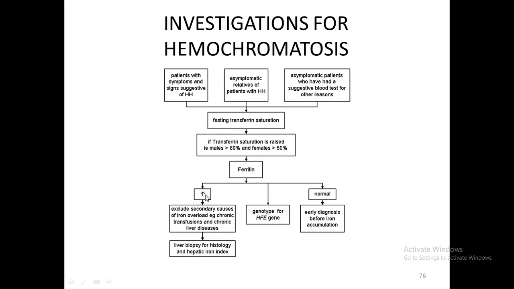If the ferritin stores are already high, then we need to exclude secondary causes of iron overload, for example chronic transfusions, chronic liver disease, etc. And we need to do liver biopsy for histology. And if the ferritin stores have not yet become saturated, they are normal, then early diagnosis needs to be made to prevent iron accumulation. So that is all about iron metabolism.